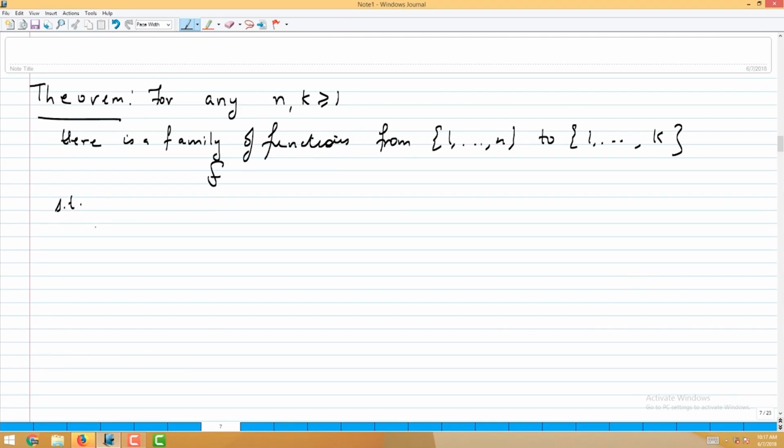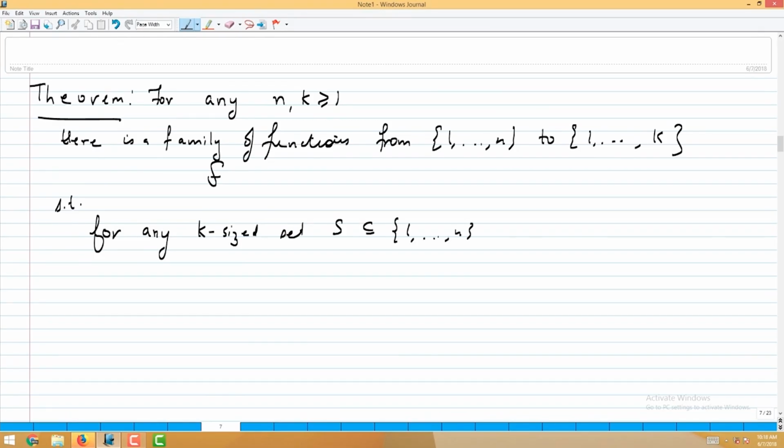if you look at any k size subset of this set from 1 to n, there is a function that maps this set injectively into 1 to k. I'll write it down first. For any k size set S, subset of 1 to n.